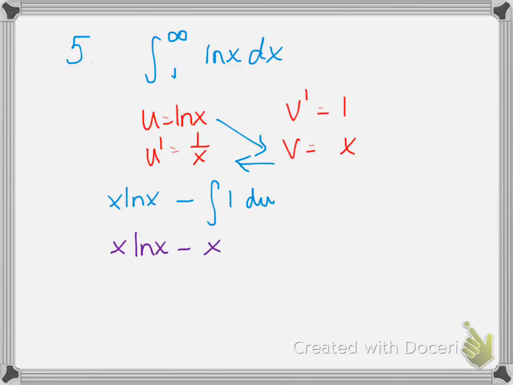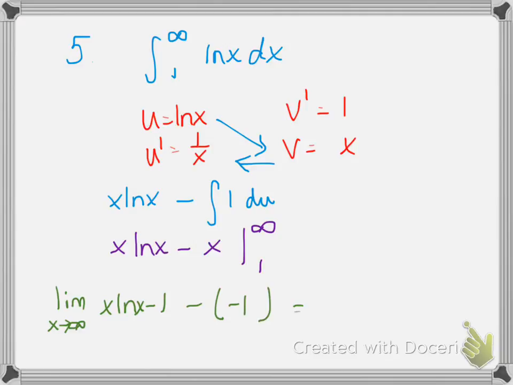If you want to memorize that, great. But now I'm going to plug in the 1 and the infinity. So we'll have the limit as you approach infinity of x ln of x minus x, and then I'm going to plug in 1. So I have 1 times natural log of 1. Natural log of 1 is e to what power is 1, so that would be 0, and then minus 1, so minus negative 1.